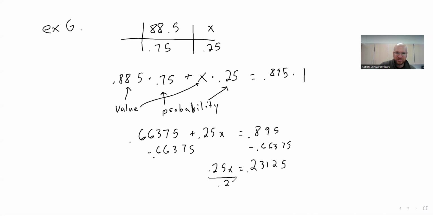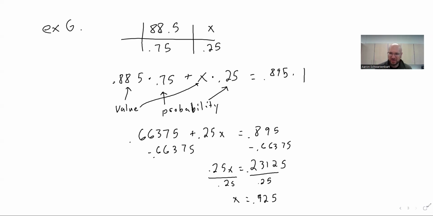I'll divide by 0.25. And Marty is going to need a 0.925, or 92.5% on his test.